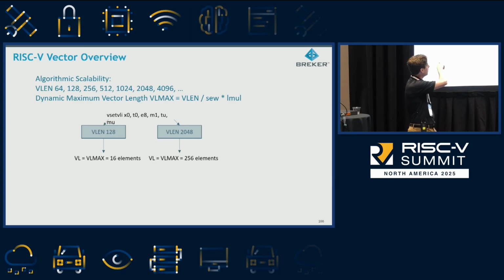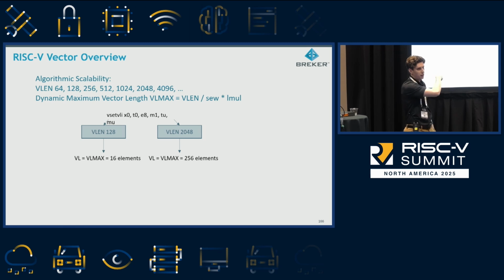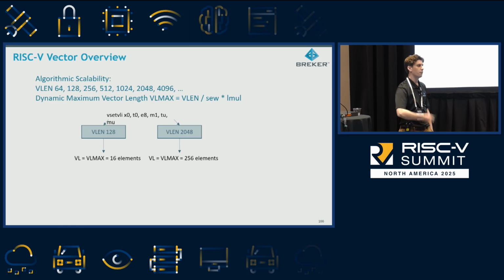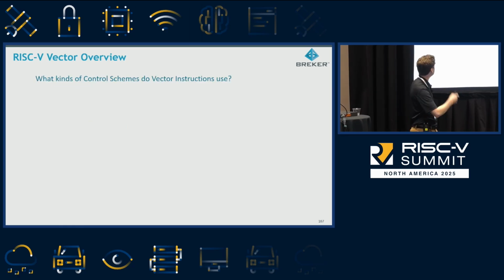It lets us take the same code and operate on different numbers of elements depending on what the architecture supports. So if your VLEN in this case was 128, you'd be operating on 16 elements. If it's instead 2048, you'd be operating on 256 elements at a time. So well-written software can be reused regardless of what architecture you're on.